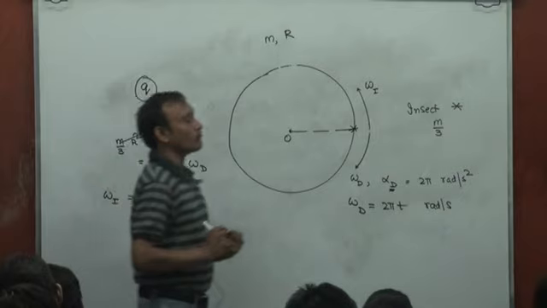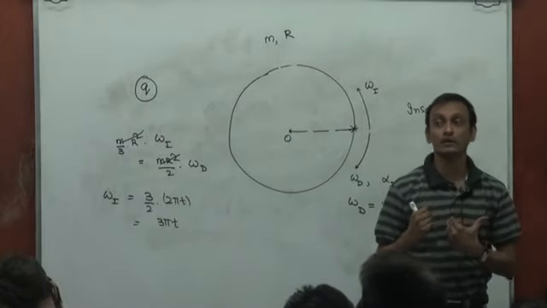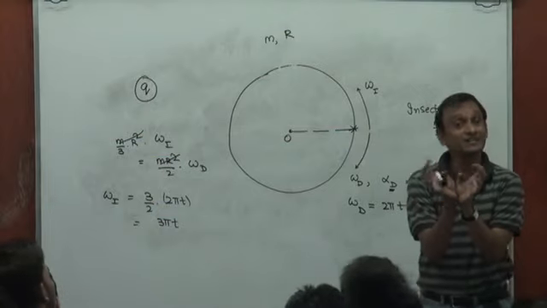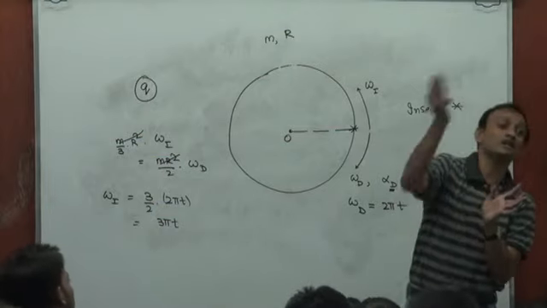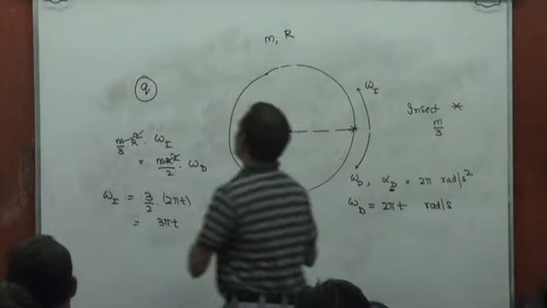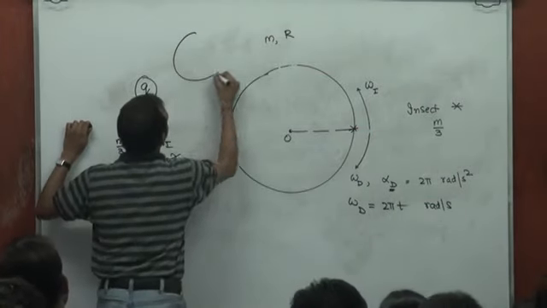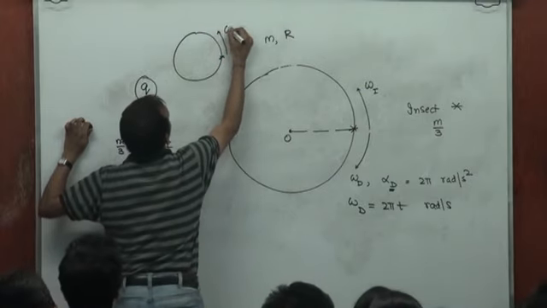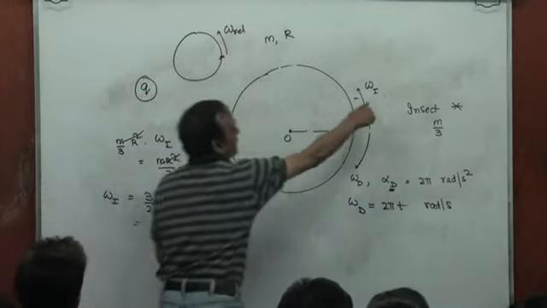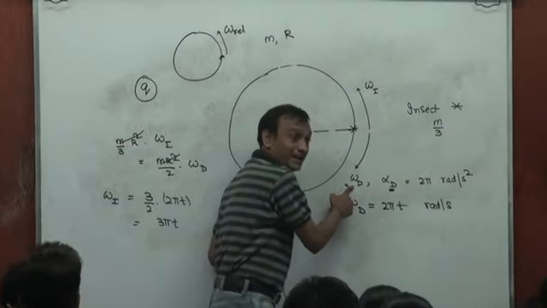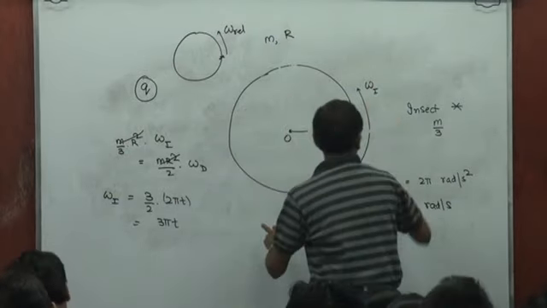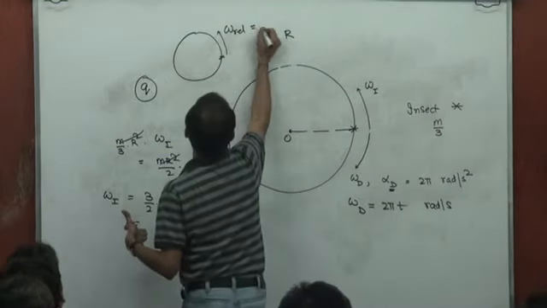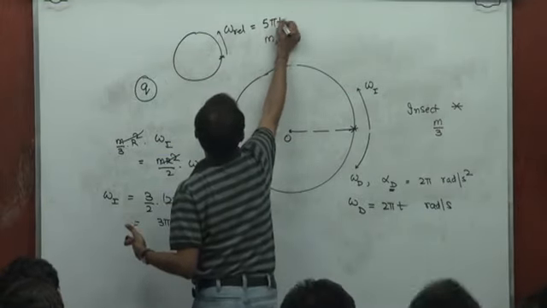Now, think of the motion of the insect with respect to the disk, as if the disk is at rest and the insect has an omega. So if you look into that with respect to the disk frame of reference, then the omega relative to the disk is going to be omega I minus omega d. That means 3 pi t minus 2 pi t, that means 5 pi t would be the angular velocity of the insect with respect to the disk, yes or no?